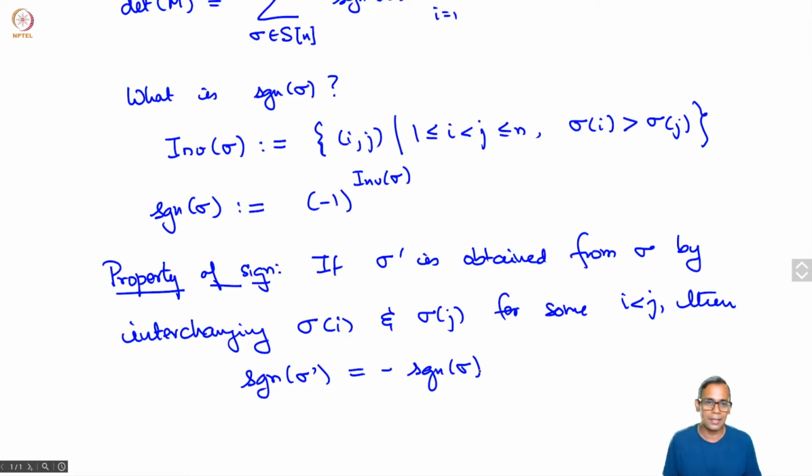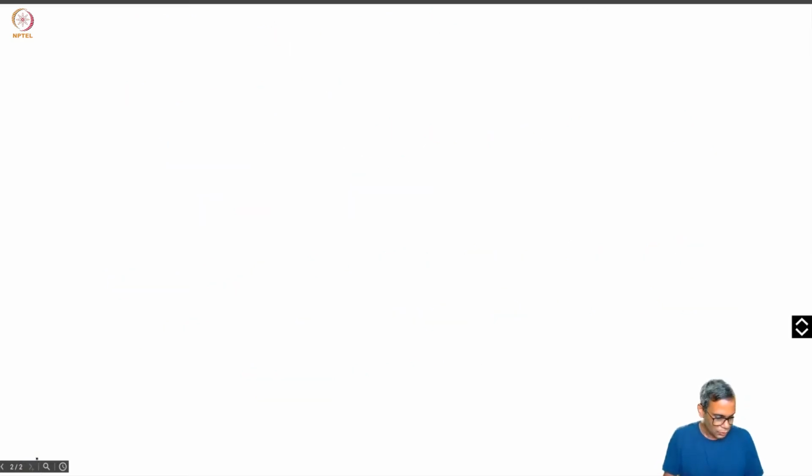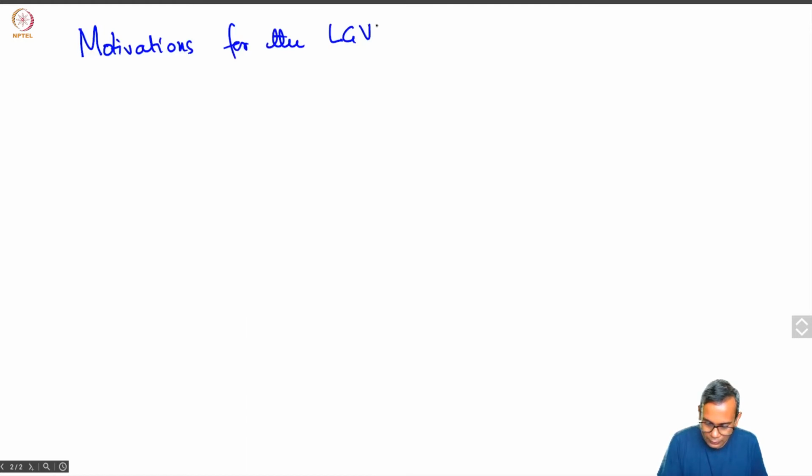Okay, so now let's come to the motivational examples to which we will be applying the LGV lemma. Two of the most common examples go back to ancient Indian combinatorics. I will write down a few infinite matrices.